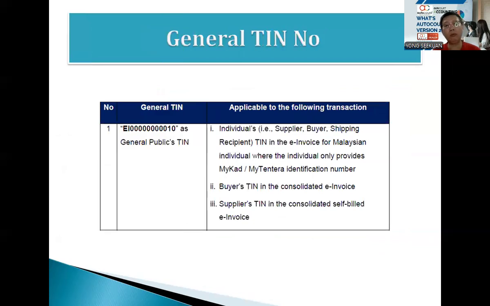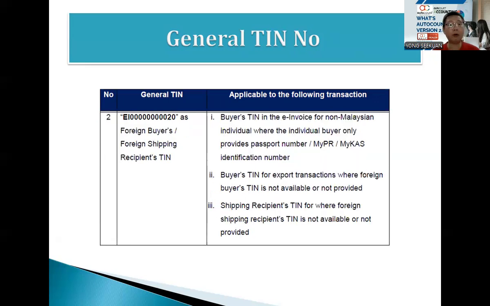Since sometimes we have self-billing, or a foreign buyer or supplier, you need to know some of the general TIN numbers. First is EI10, for the consolidated invoice. When you submit a consolidated invoice, you need to use this one general number, EI10. Second is the foreign buyer.